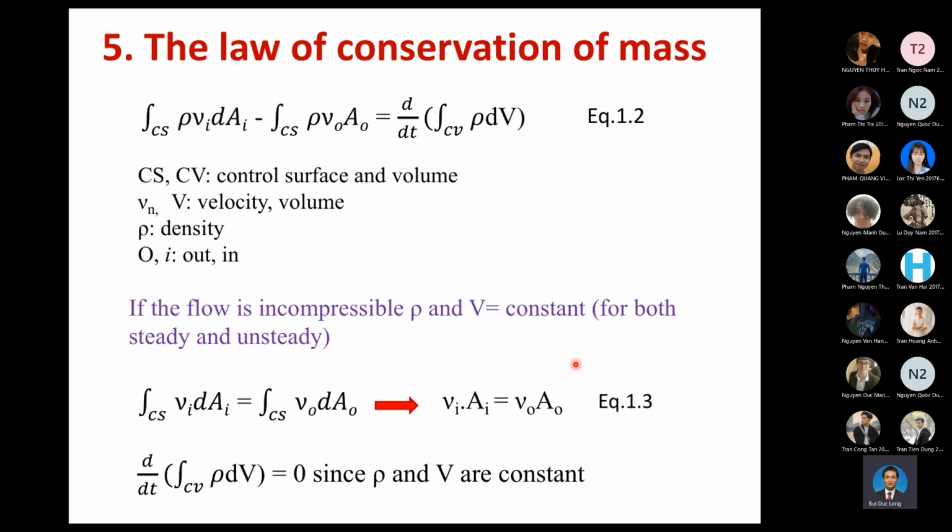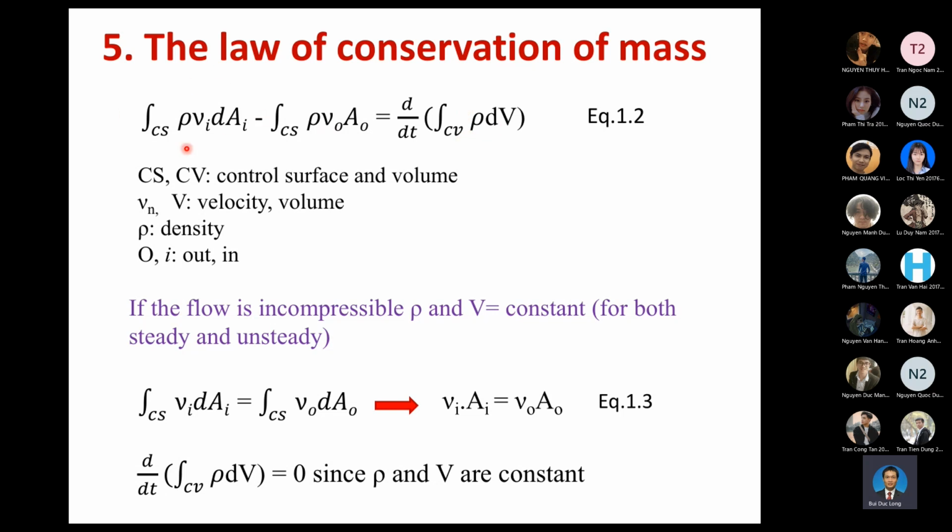Here is the equation for the law of conservation of mass. We have the integral over the control surface of rho V dA, minus the integral over the control surface of rho V dA, equal to d/dt of the integral over the control volume of rho dV.